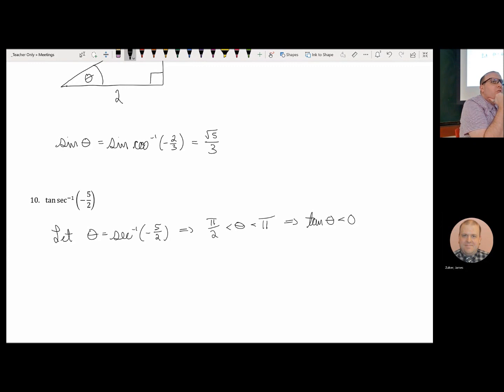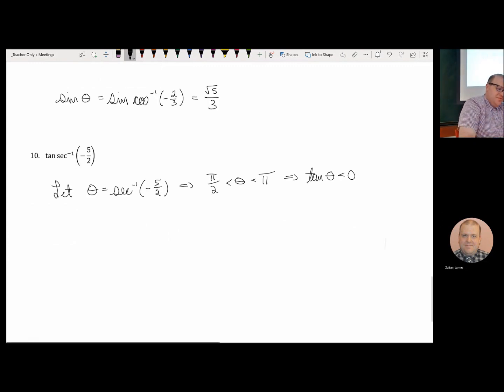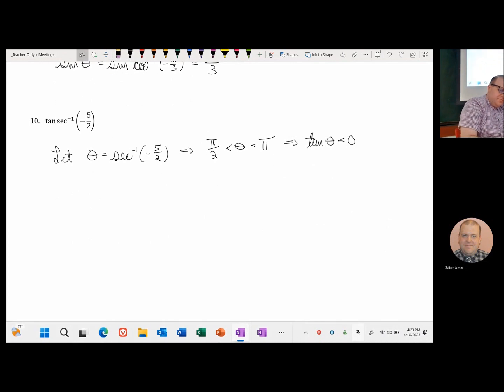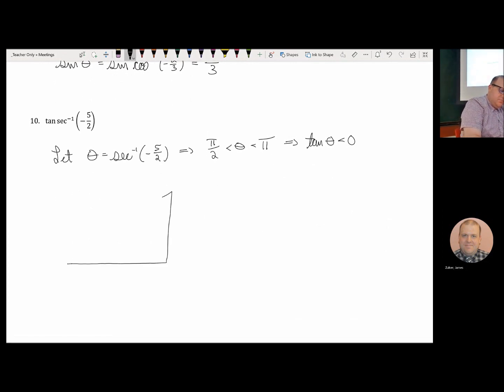Treat it as an acute angle. That is theta.